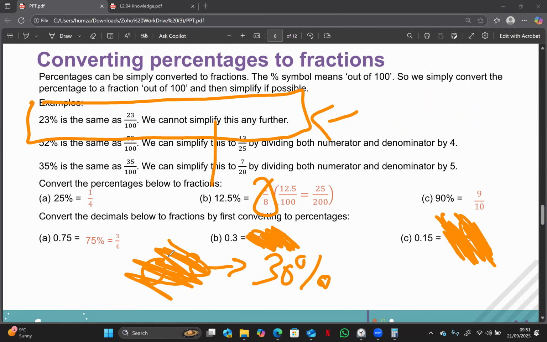It's done now. Focus on this 30%. How do you convert that into a fraction? We've done it above. Look at the box that I've put a rectangle around. It's the same thing. Always the same thing.